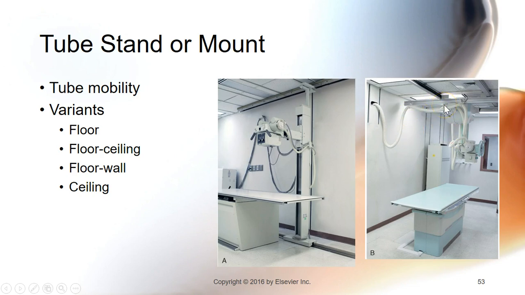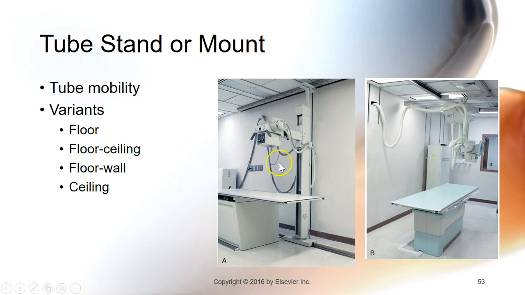You will probably see this type of equipment in an emergency room department, and I've even worked at facilities where they had one of these, and then they had curtains between two or three different exam rooms, and that X-ray tube can be taken to all three of them if you wanted to, so that they don't have to put equipment in every single room.